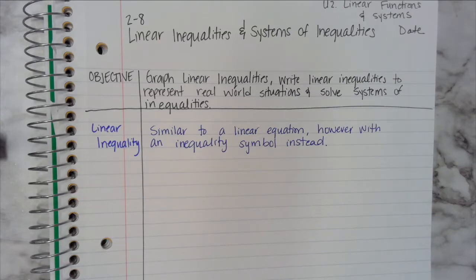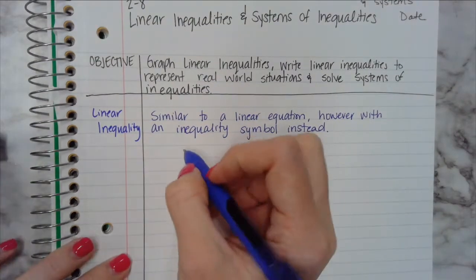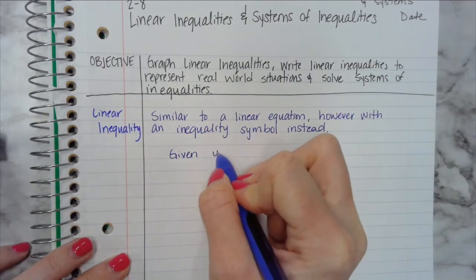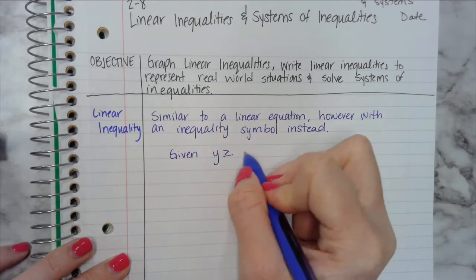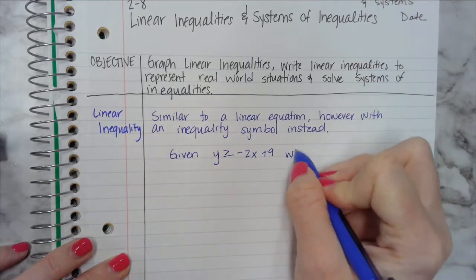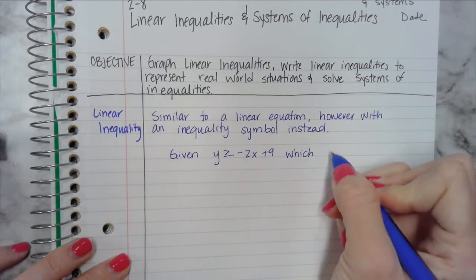And so if we take a look at a linear inequality, we might have something like this. Given y is greater than or equal to negative 2x plus 9, which points satisfy the inequality?